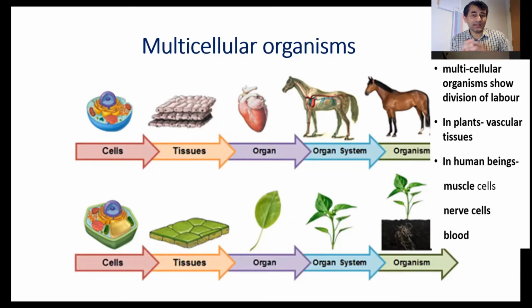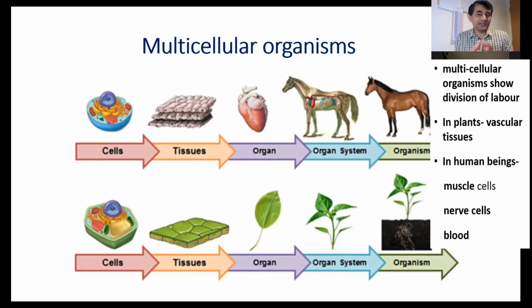Now, examples of organs are the heart, or the leaf in plants. The heart forms the cardiovascular system. Lungs form the pulmonary system, the respiratory system. The brain forms the nervous system. So organs form an organ system.